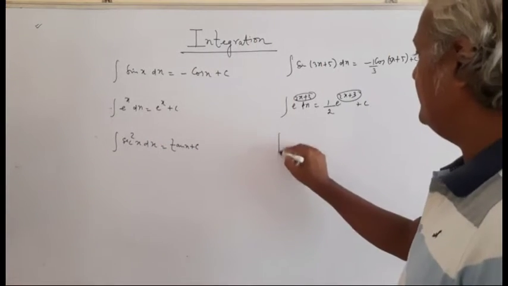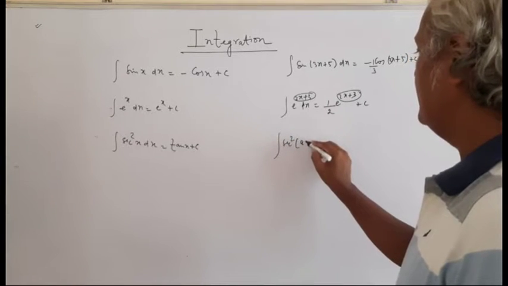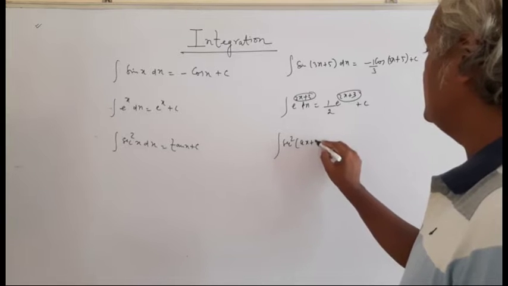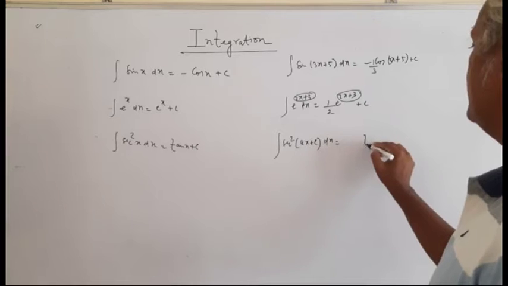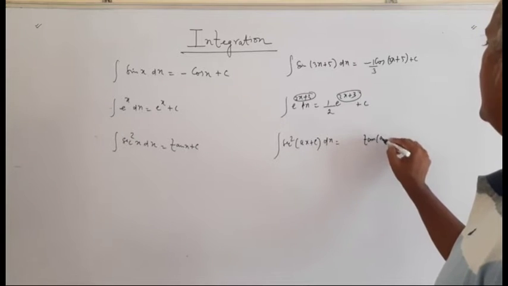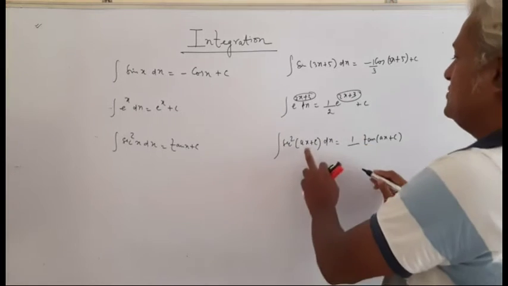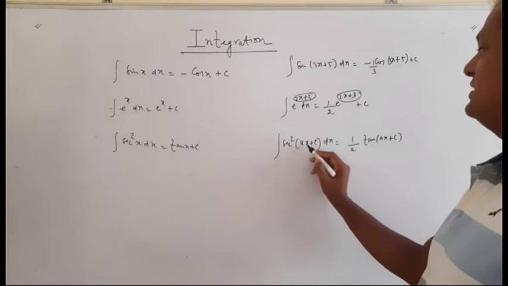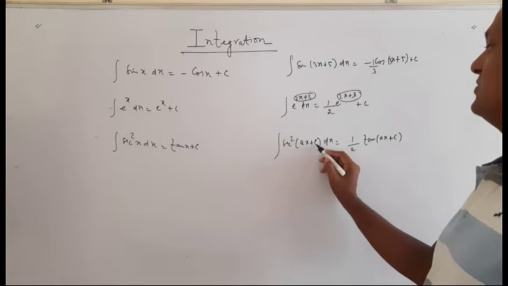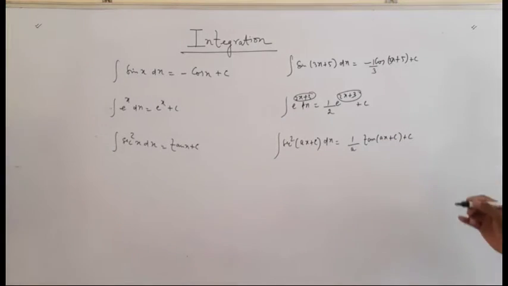So if you have integration of sec square ax plus c dx, then this will become tan ax plus c, and then 1 upon the differentiation of ax plus c, which is a, because a is a constant, the differentiation of x is 1, and the differentiation of constant c is 0, plus c. So this is how these formulas will be derived.